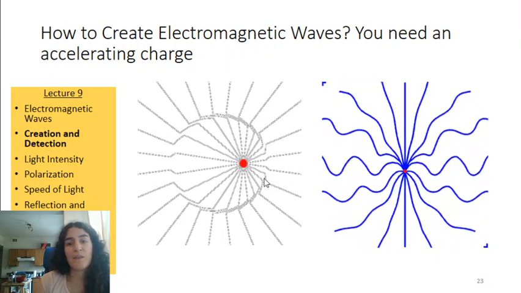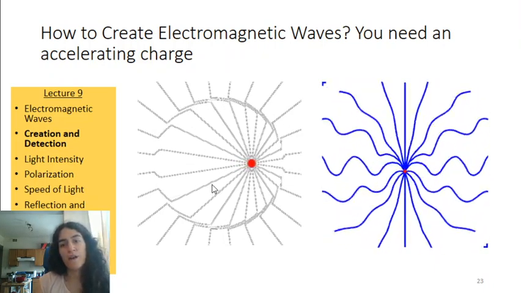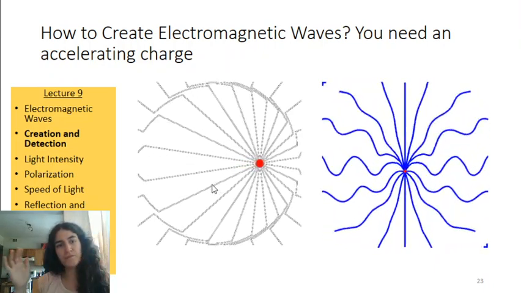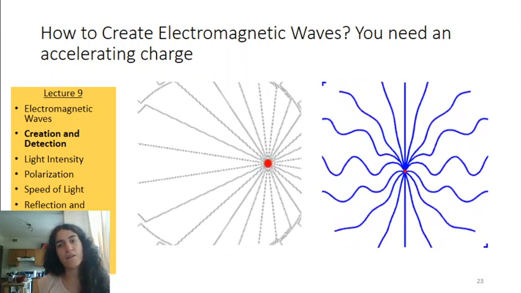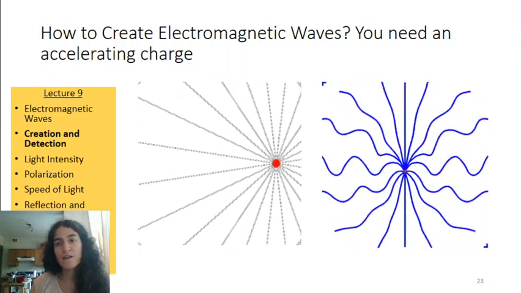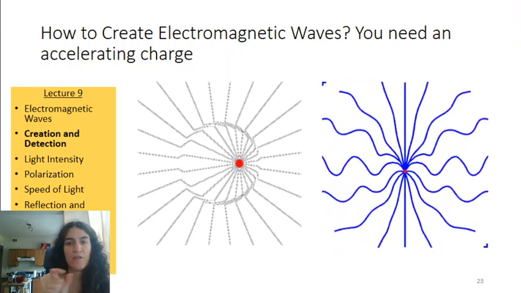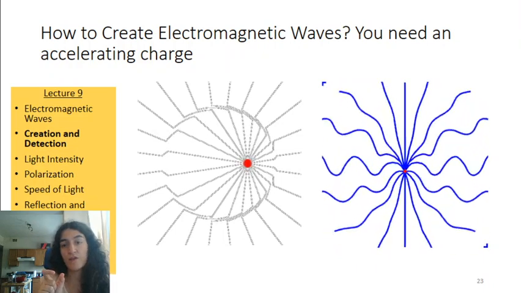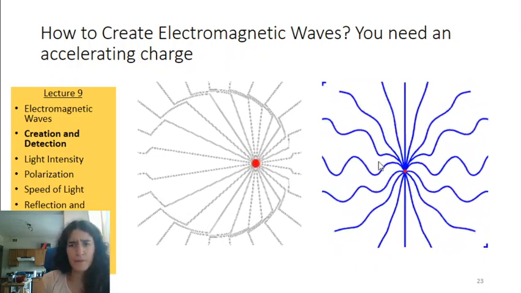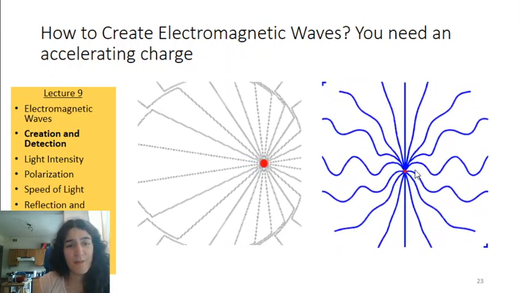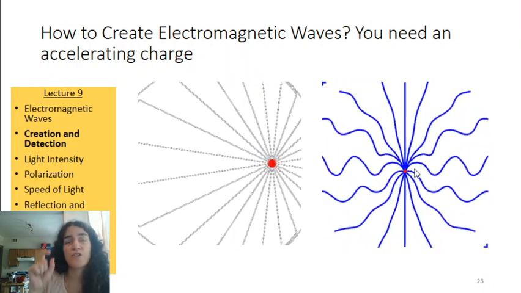We would expect something like this, right? So some sort of wave emanating outwards in all directions, right? So it triggers a wave because of this acceleration of the charge.